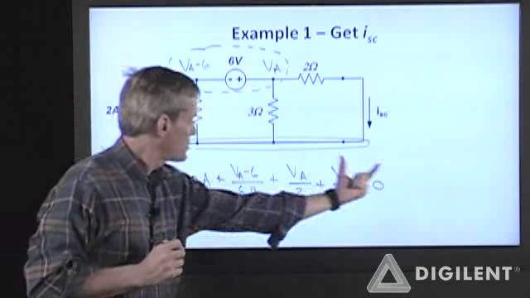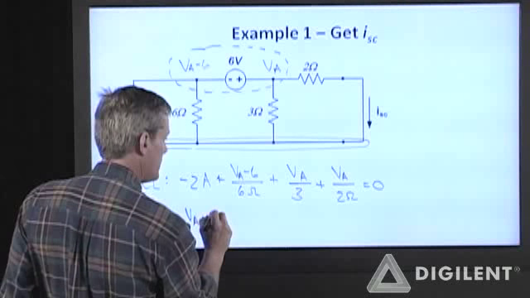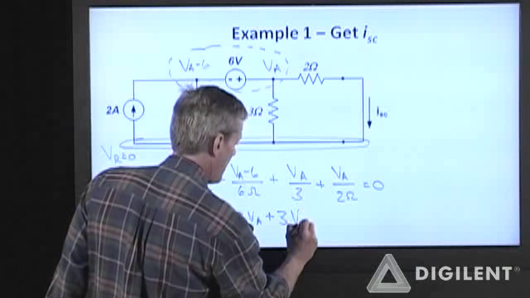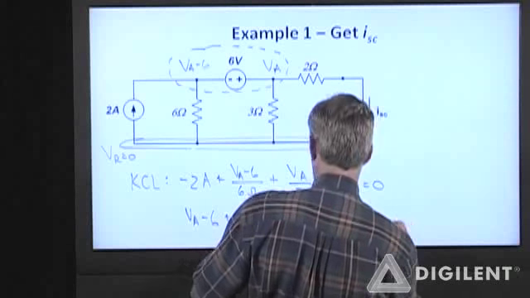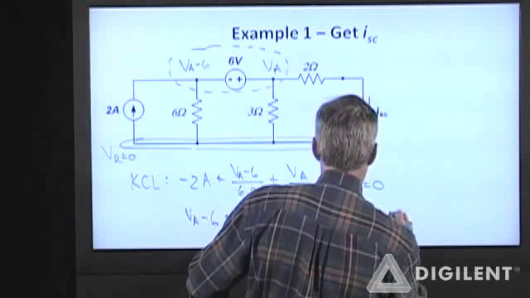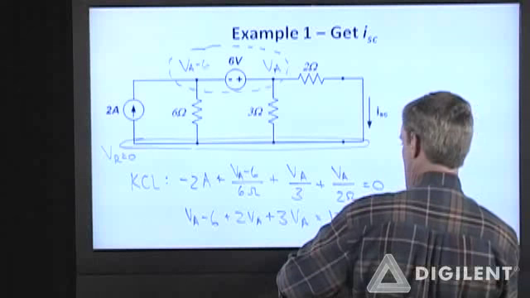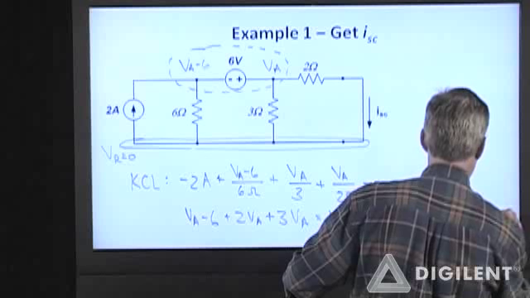I'll take this 2 amps over to the other side, multiply through by 6. That gets me VA minus 6 plus 2 VA plus 3 VA is equal to 12. So 6 VA is equal to 18, or VA is equal to 3 volts.